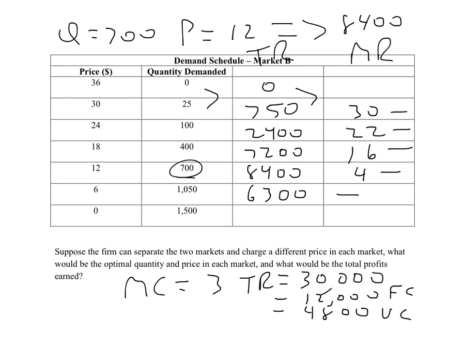That gives us a profit, and I'm running out of room, but I'll just write it here. Profit of $13,200, and this is profit with price discrimination, charging a different price in each market.